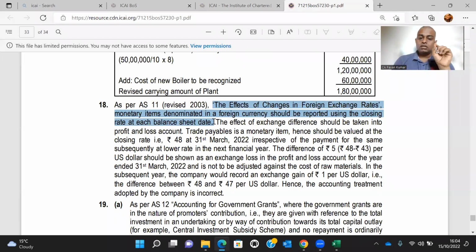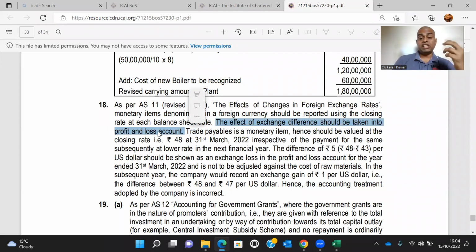Did I tell you this? Monetary items are to be revalued using the closing rate. Yes. Continue. The effect of exchange difference should be taken into profit and loss account. Whether it is a gain or a loss, it should be taken to P&L. Yes, sir. Trade payables is a monetary item. Did I tell you that trade payable is a monetary item? Yes. Continue.